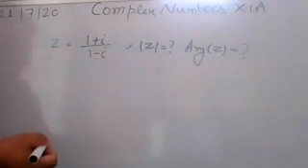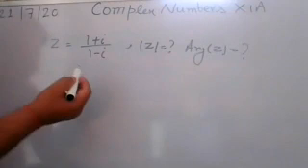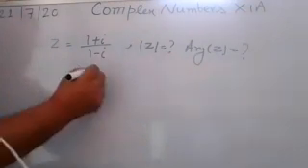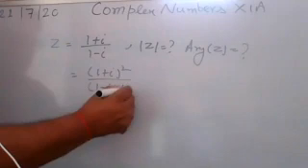Okay, so find it. First of all, you have to convert it in standard form by taking the conjugate of the denominator. So here you have 1 plus i whole square upon 1 minus i into 1 plus i.